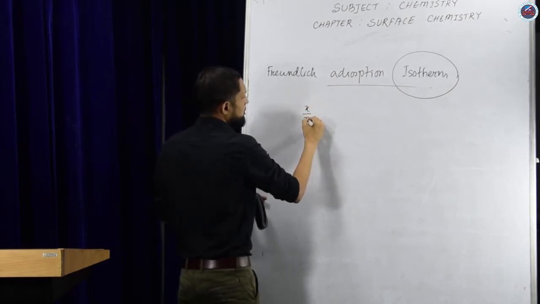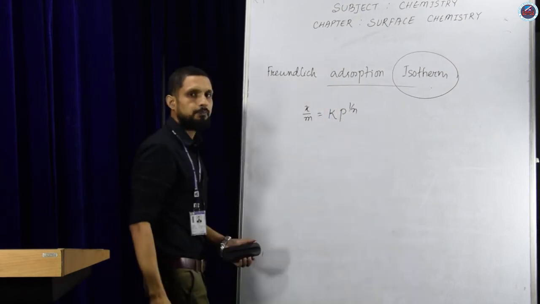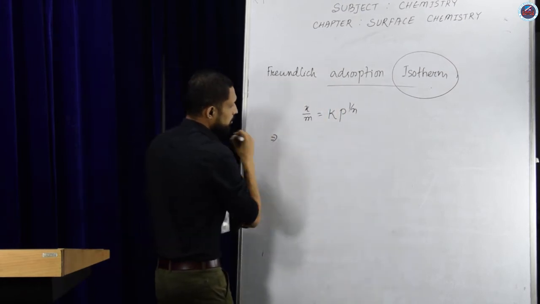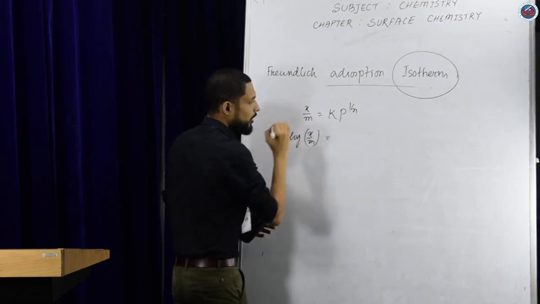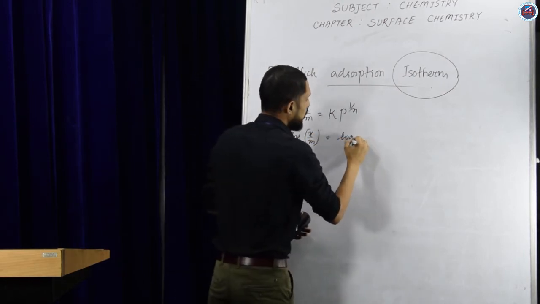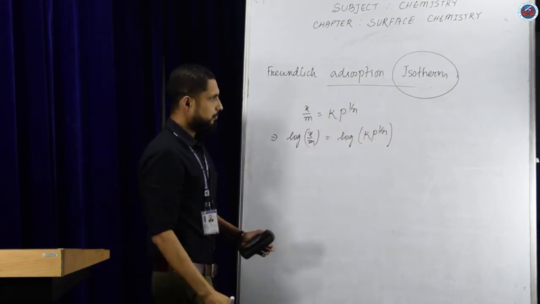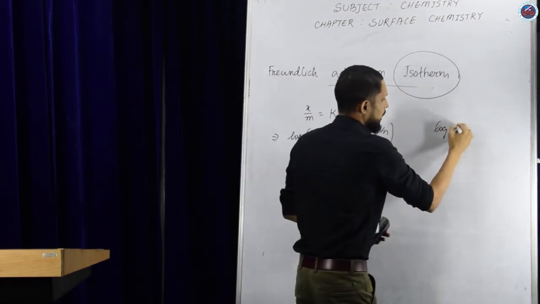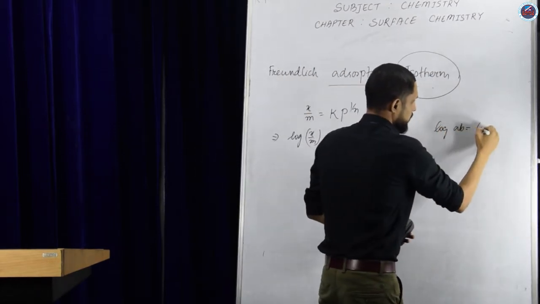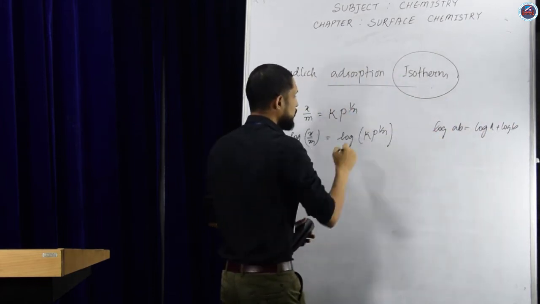x by m is equal to k P to the power 1 by n. We'll take log both sides. So log of x by m is equal to log of k P to the power 1 by n. Now we know the log formula. If you have log AB, it is equal to log A plus log B. So we'll apply this formula here.